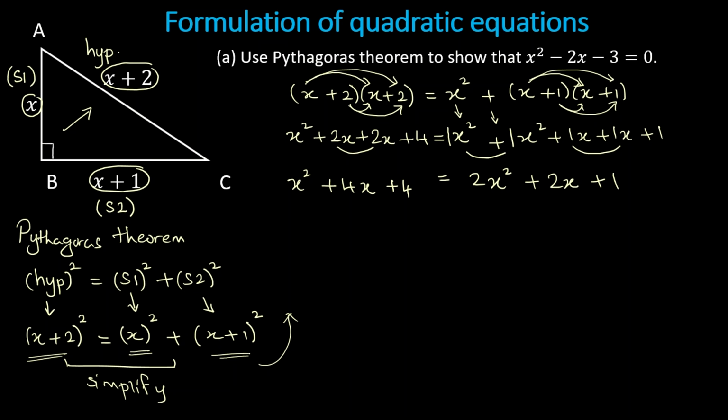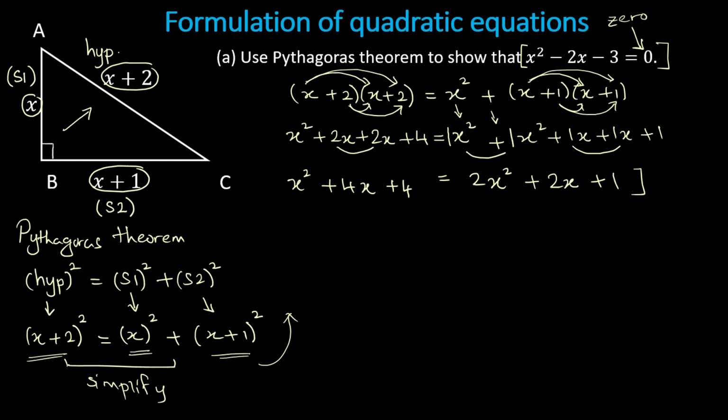Now we need to reach this equation here where the right hand side is 0, and we are at this step here. All we need to do is to send all terms to the left so that the right hand side becomes 0. So let's do it.